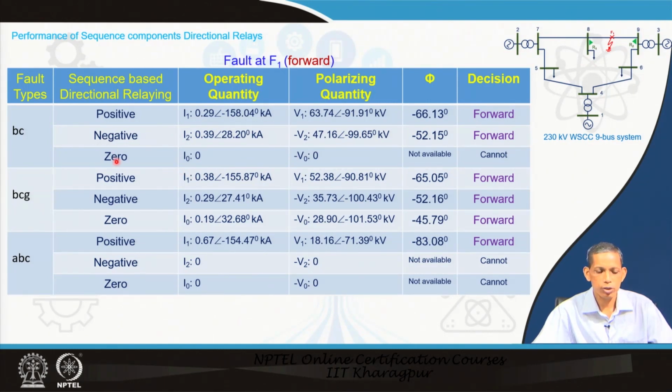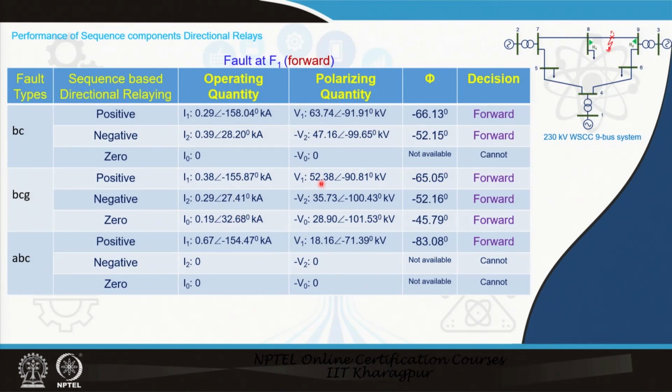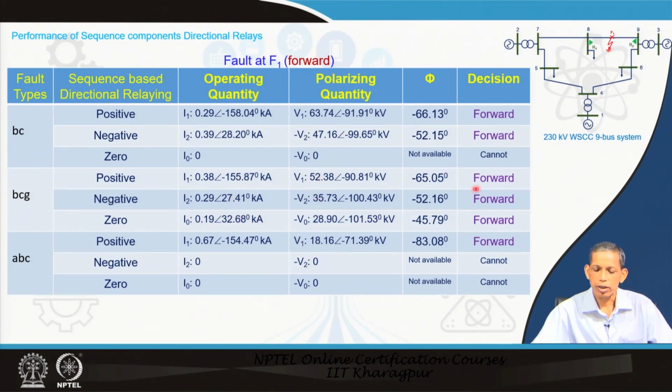For the negative sequence component, I2 and minus V2, the corresponding angle is minus 52.15 degrees. So, directional relaying is correctly obtained. For BC fault there is no zero sequence, so it cannot decide. For BCG fault positive, negative and zero all three are correctly identified, because negative signs indicate forward fault.